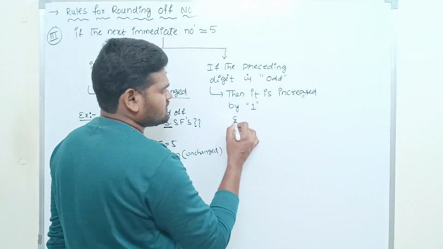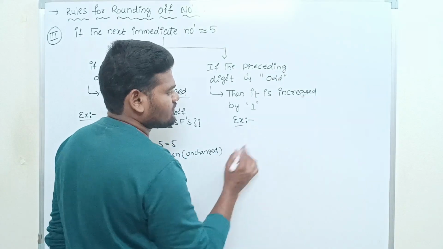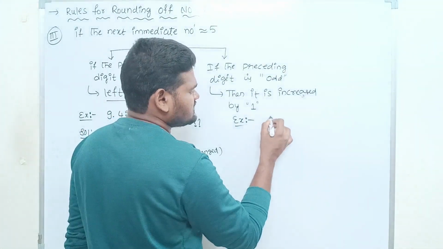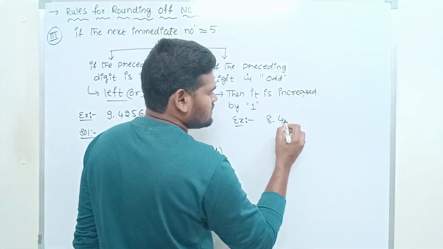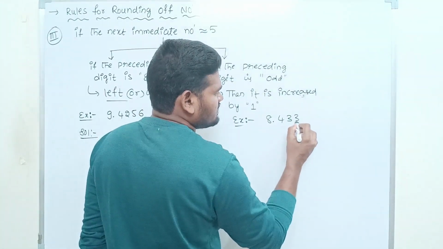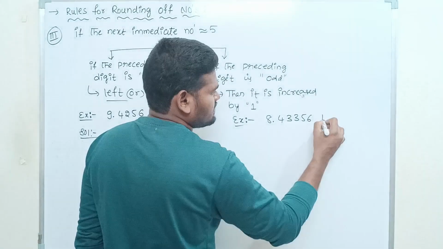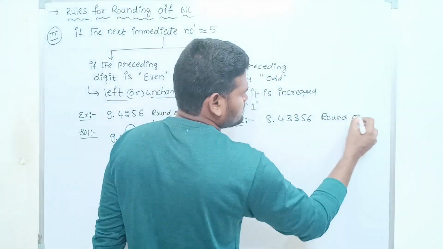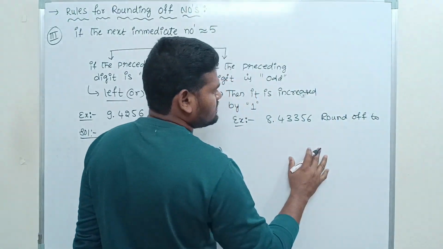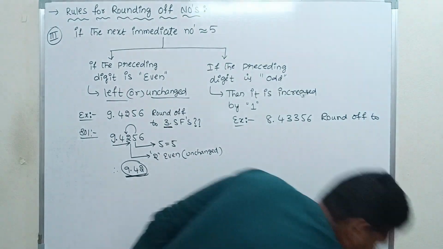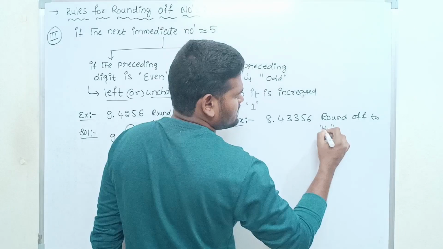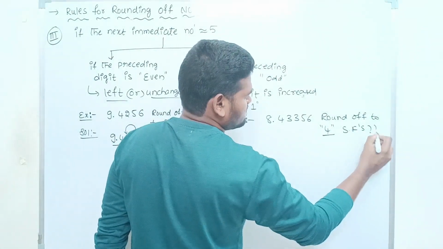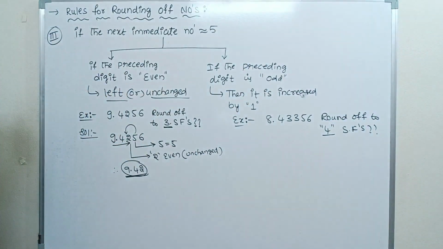Now for another example. The given number is 8.43356, round up to 4 significant figures.